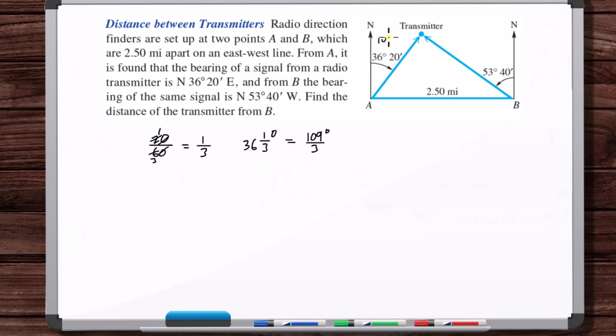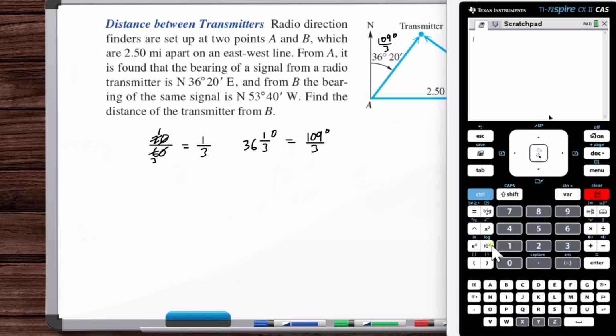Let's subtract. What's 90 minus 109 divided by 3? It's 161 divided by 3, like 50-something degrees.